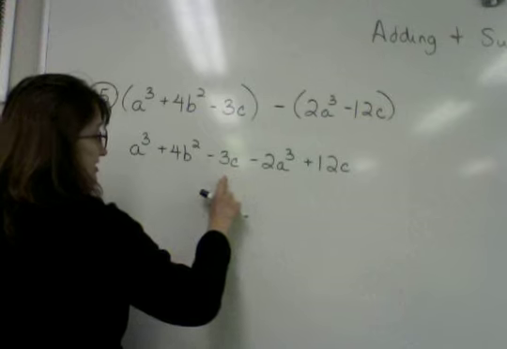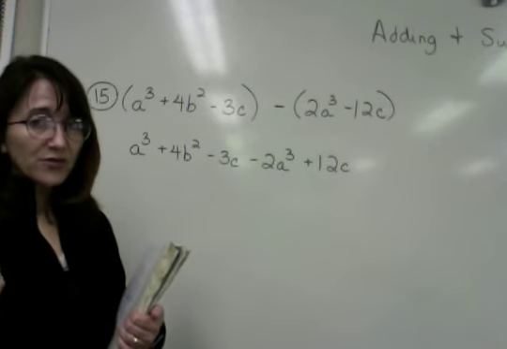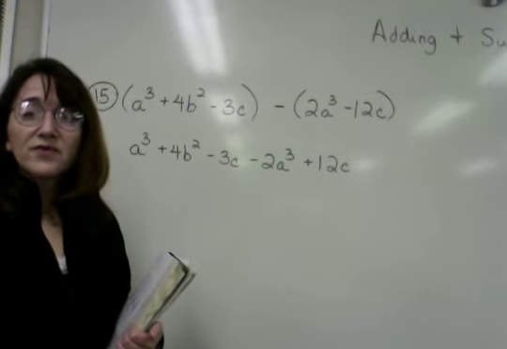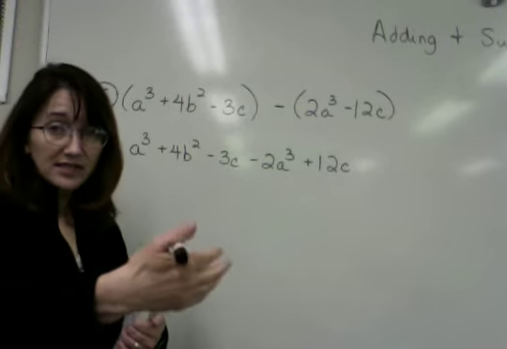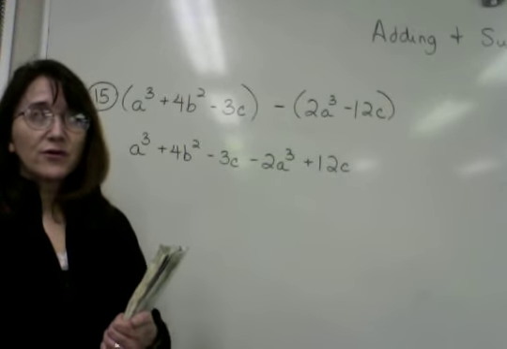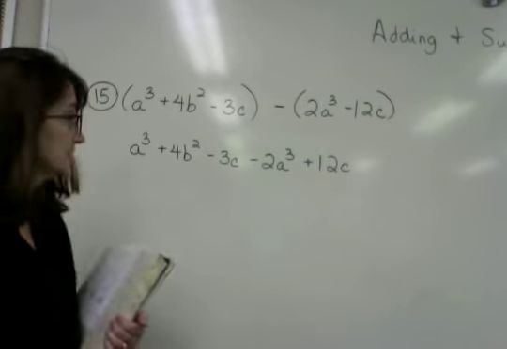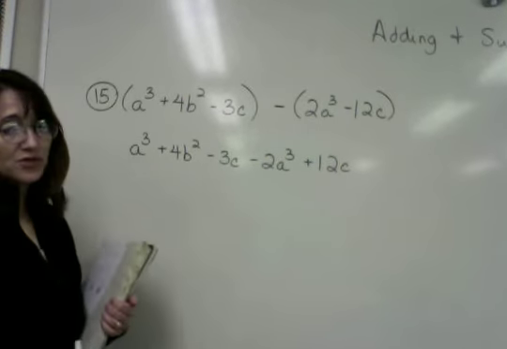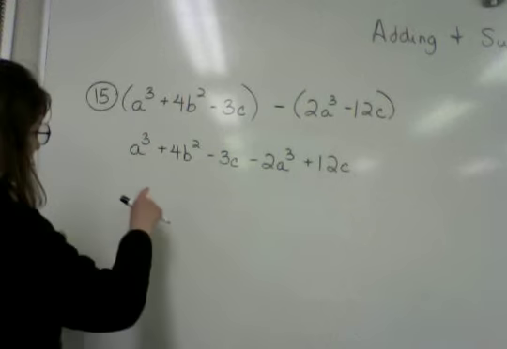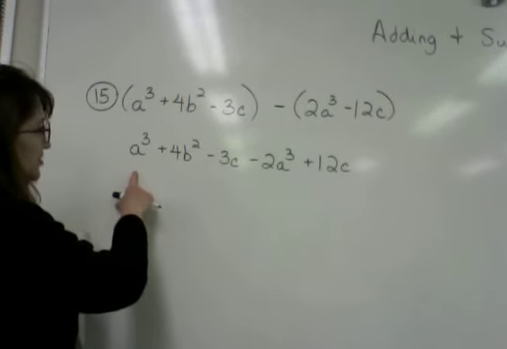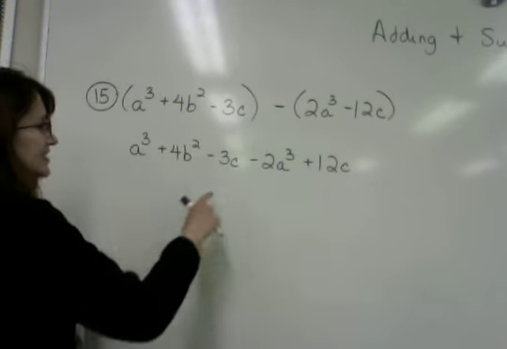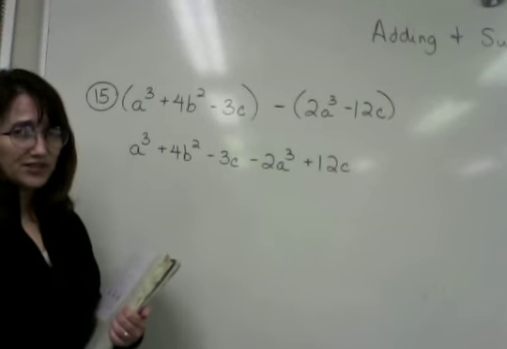I have 2 c's. To write that in standard form, we're going to write our variables alphabetically, and we're also going to write our variables by highest power. Alphabetically, the highest power is going to be a cubed. So I have a positive a cubed, and then I'm going to add a negative 2a cubed.